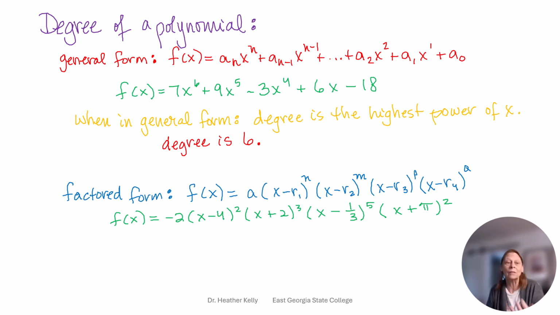But notice that the deal is this is in factored form, meaning that nothing is plus or minus outside of those actual little factors, and those factors could be raised to a power, or they could not be raised to a power. So when you're deciding what the highest power is, and it's in factored form, we add up all of the powers.